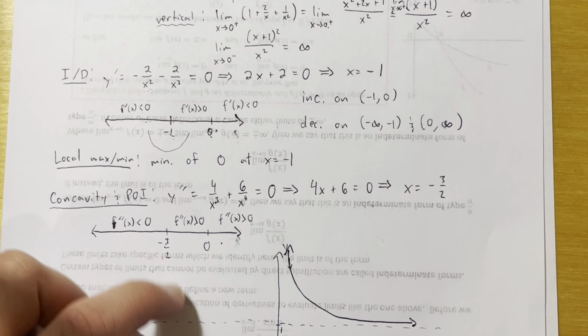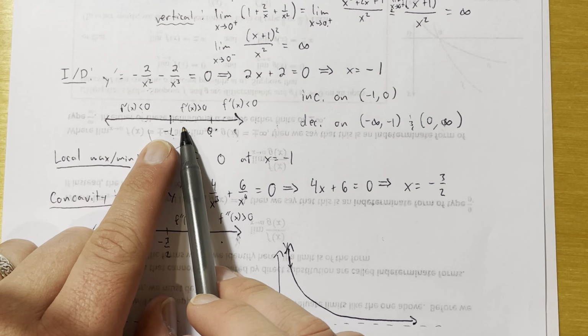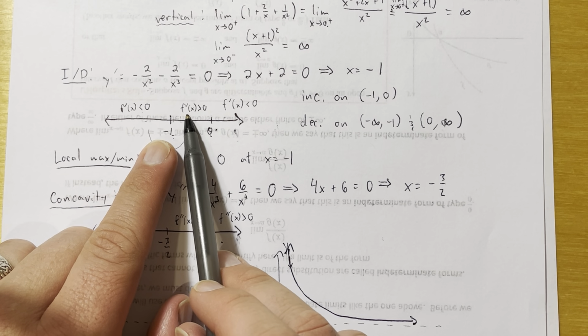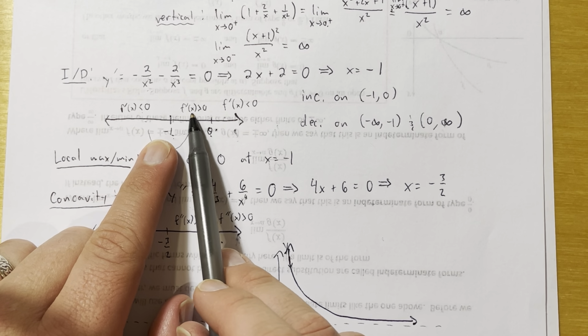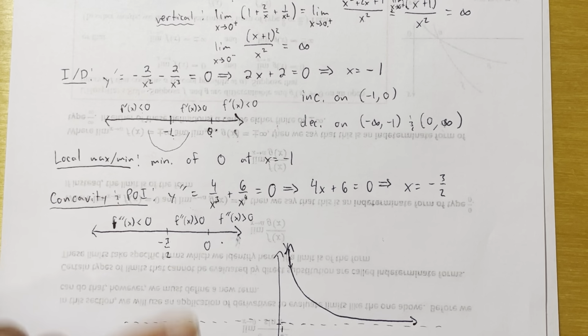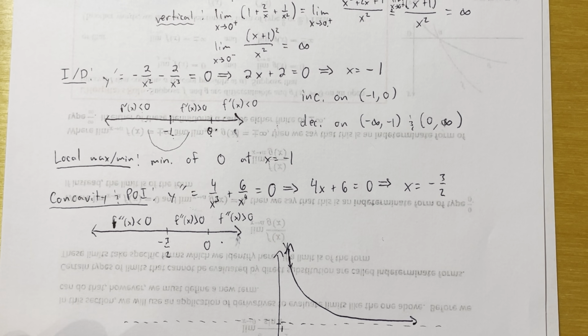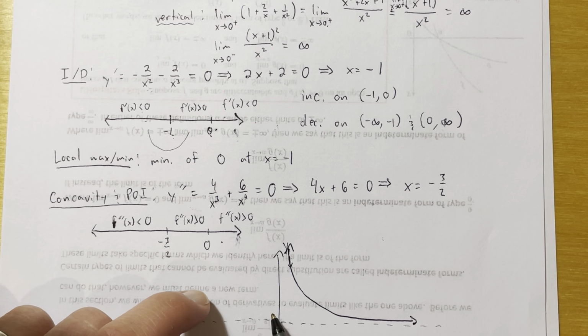All right, so from -1 to 0, we know that our function is increasing because the derivative is positive there. In addition to that, we know that we are going to be approaching infinity as this approaches 0 from the left. So I'm expecting this to kind of go up and do something similar to this, but not a mirror image, it's just approaching from the left instead of the right.